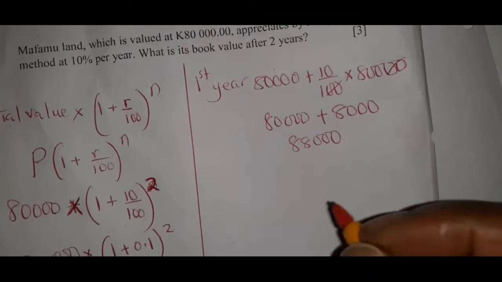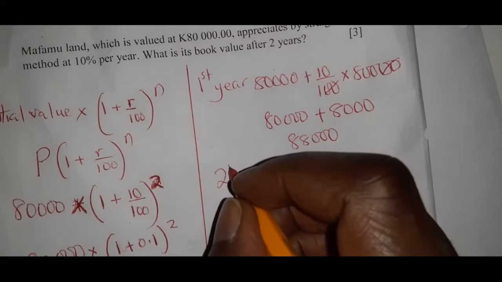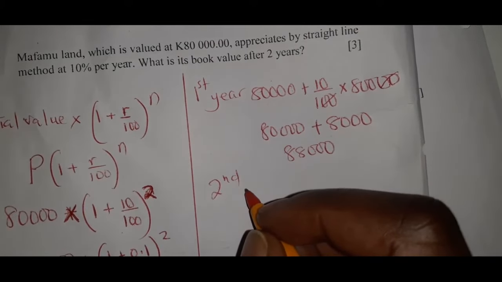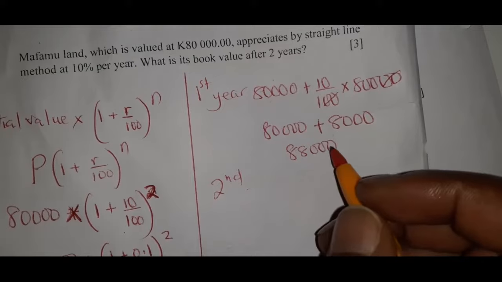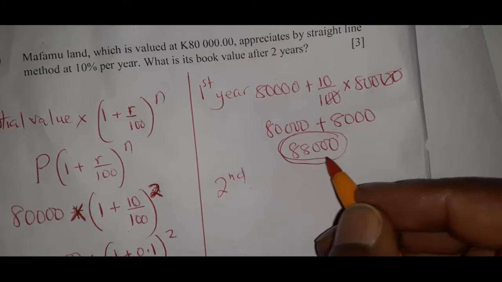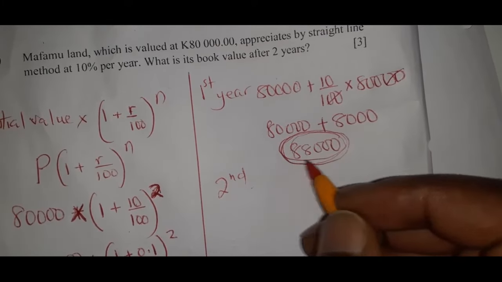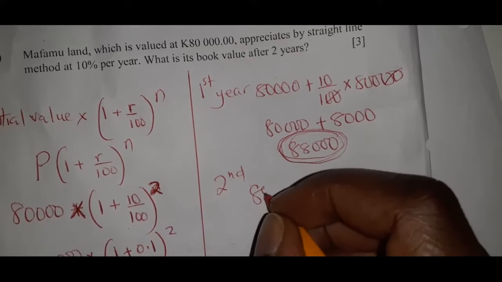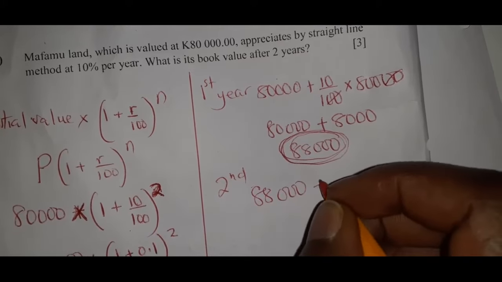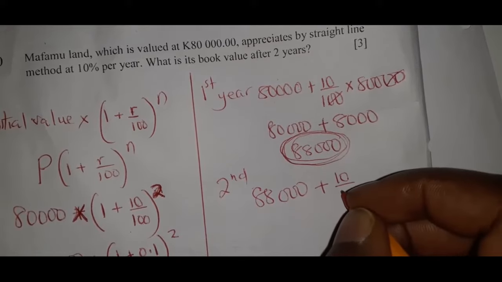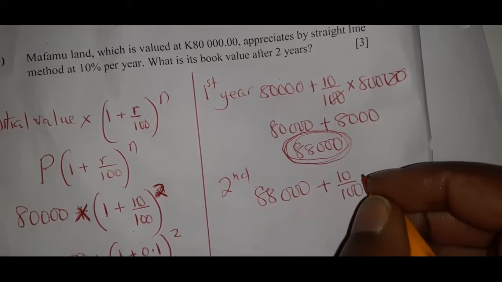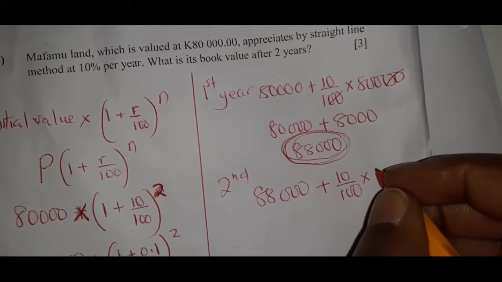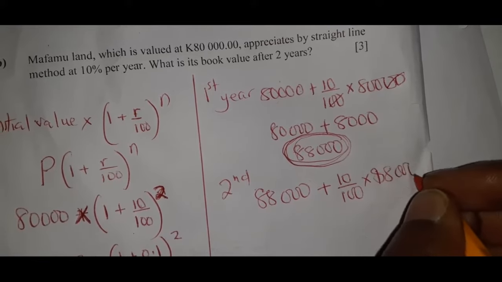So in the first year, we are going to have 88,000. Then in the second year, the amount that we shall be having is going to be 88,000 plus the 10% of the same 88,000.